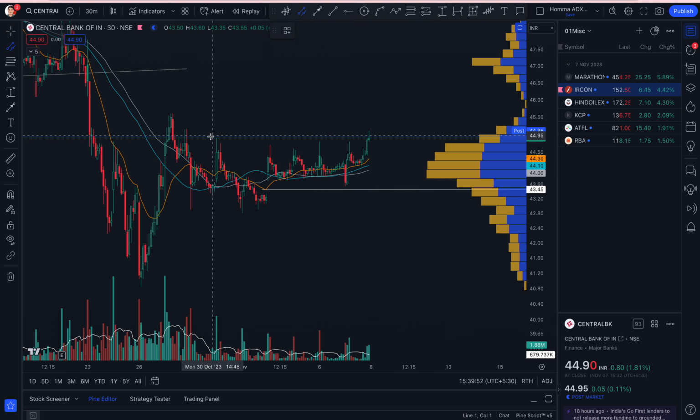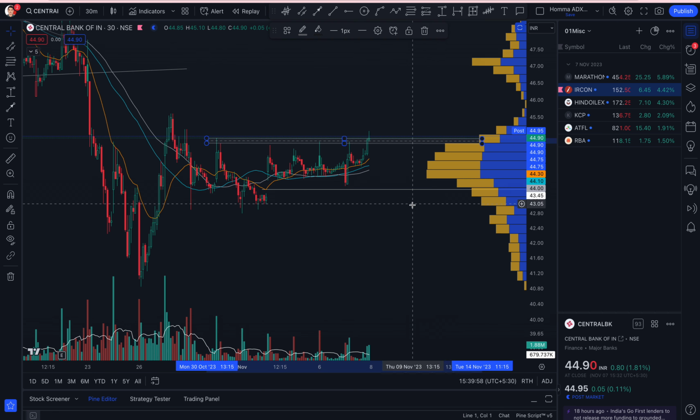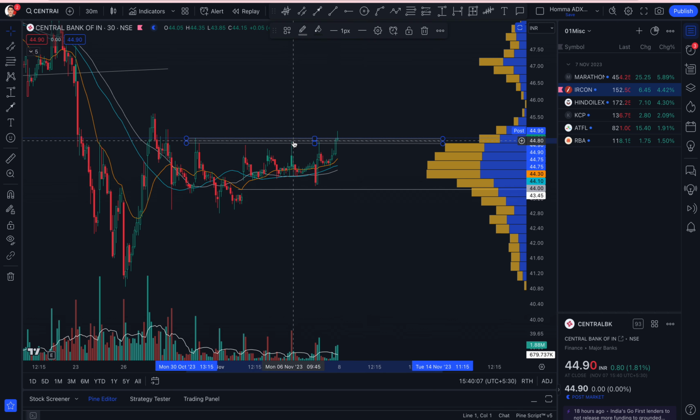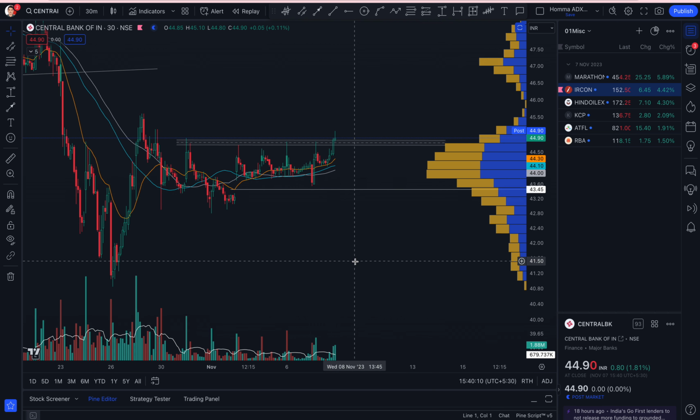Sometimes you can better explain this area using a zone rather than a straight line. So this was the zone where there was some sort of resistance, right?